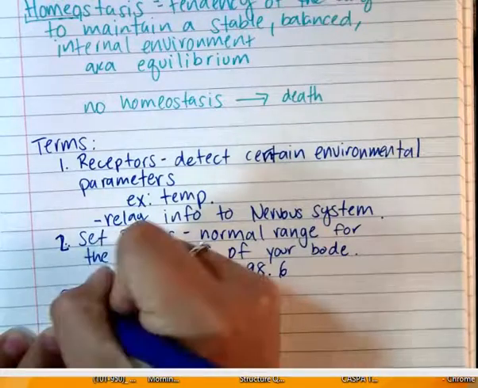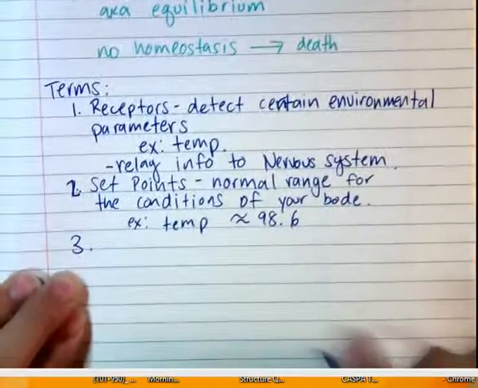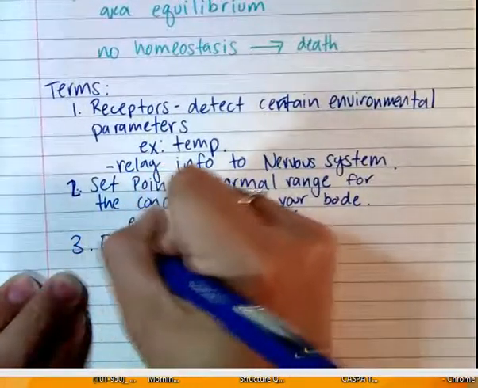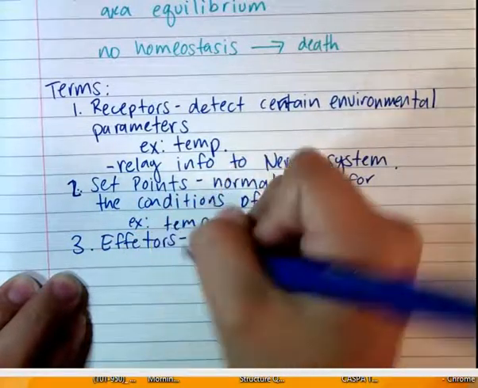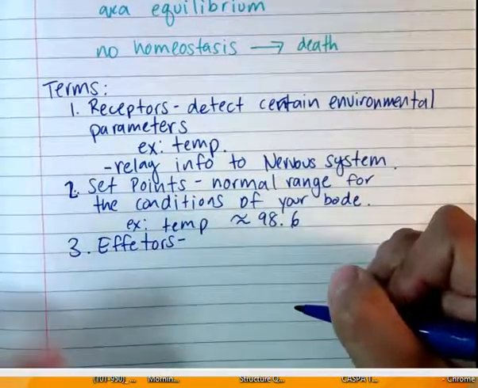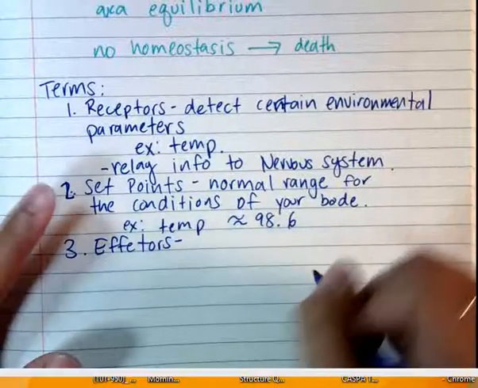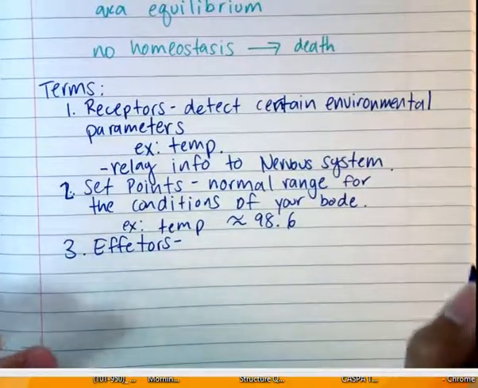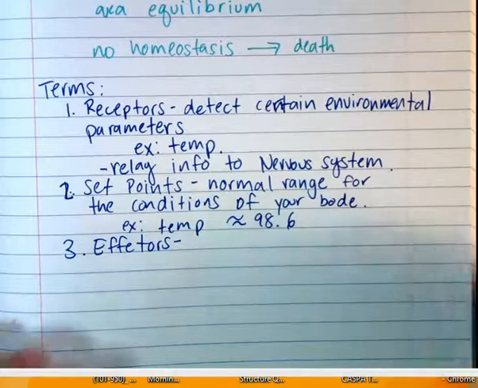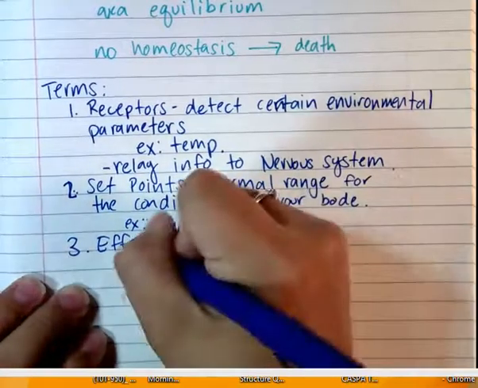And then the last term is the effectors. This is going to be any muscle or gland that's going to respond to that deviation in order to help get you back to the set point.